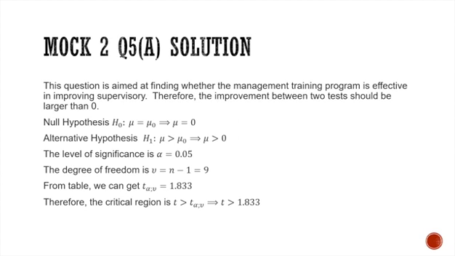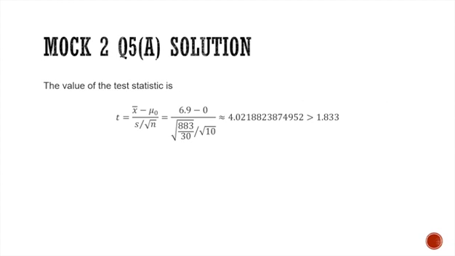That means our critical region is t larger than 1.833. Next, we need to compute the value of the test statistic. After the calculation, we find that t is approximately 4.022, which is larger than 1.833.